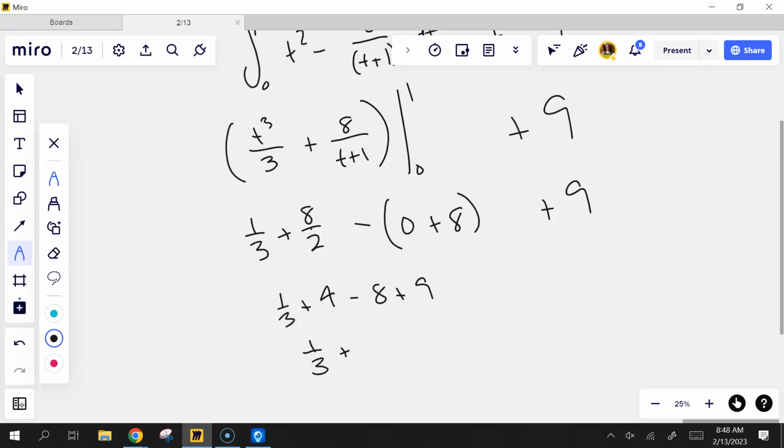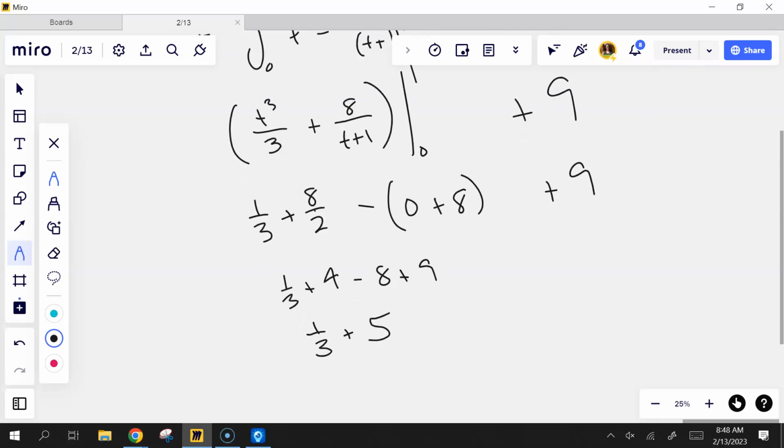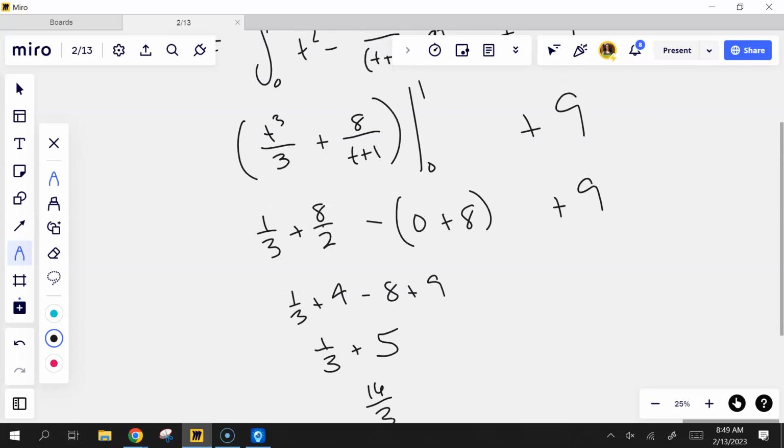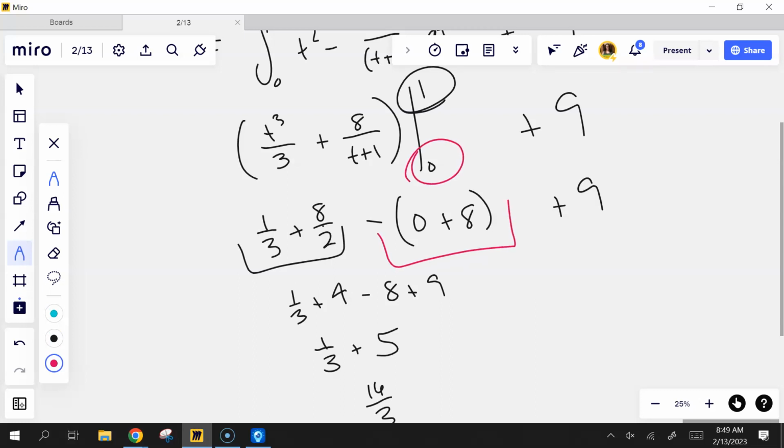One-third plus 5. Is that what we got the first time? Two ways of doing the same thing. So this is where I plugged in 1, and this is where I plugged in 0 and subtracted.